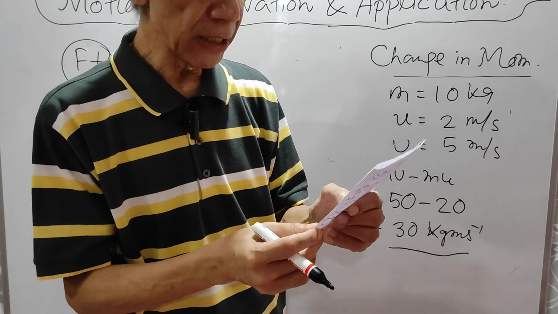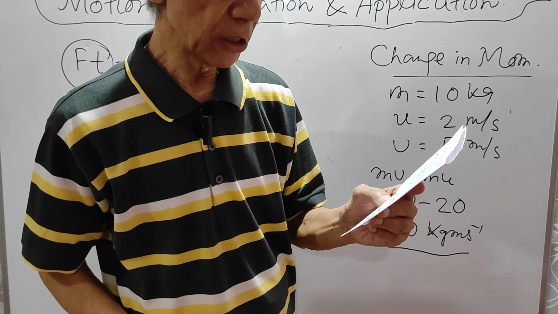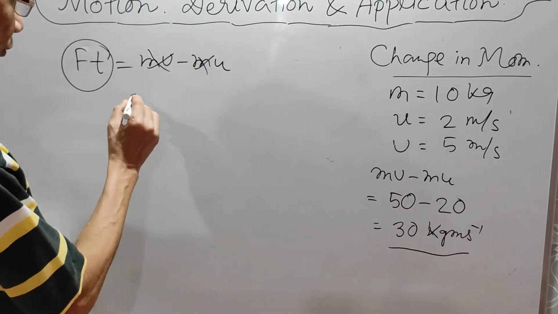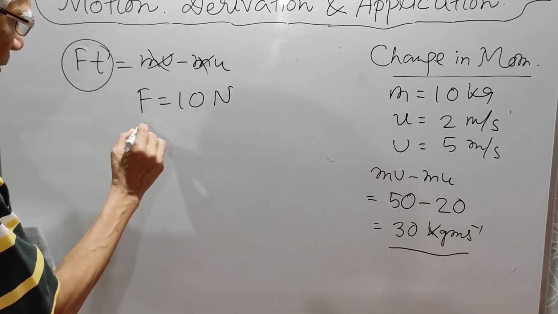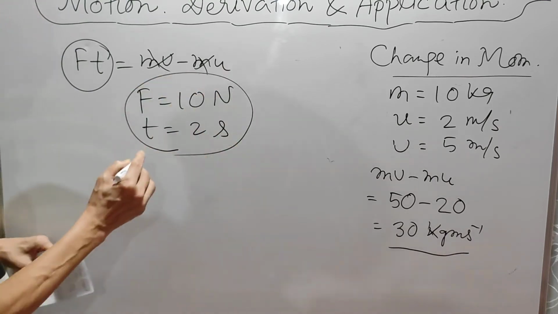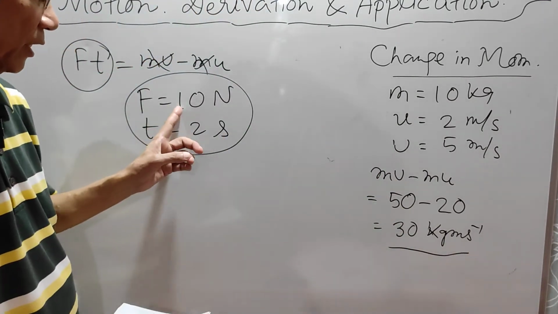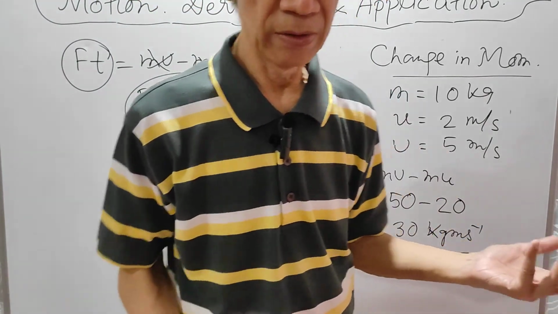A force of 10 Newton is applied on a body for 2 seconds. See, only this is known, nothing else is known. Body of what mass and all, we are not told.